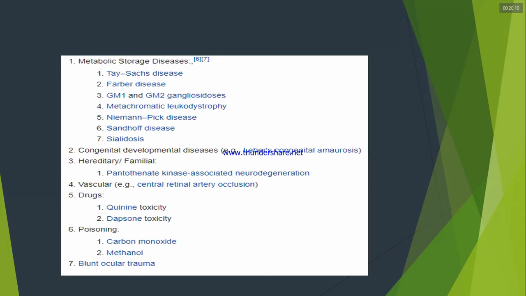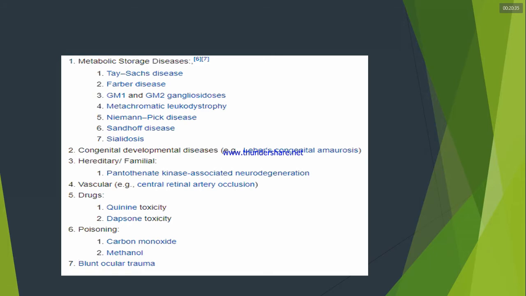And congenital developmental disease like Leber's congenital amaurosis, hereditary disease, vascular disease, drugs like quinine toxicity or dapsone, which is a very frequently used drug, poisoning like carbon monoxide or methanol poisoning, and, which is very important, blunt ocular trauma.